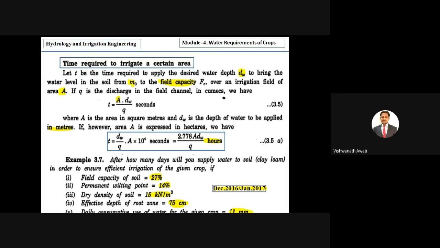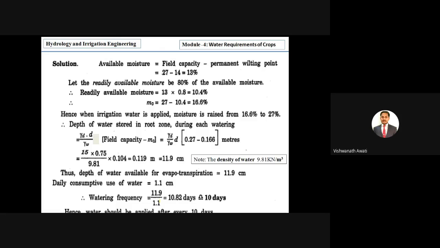So be careful about units. First we have to calculate available moisture. To calculate available moisture, we have a formula: field capacity minus permanent wilting point, right?